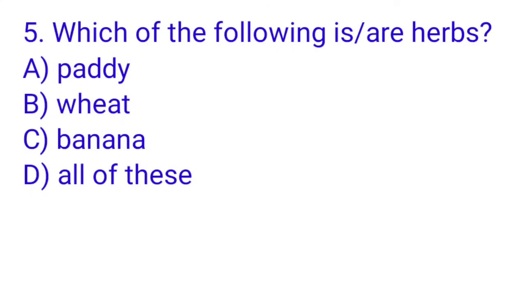Dear students, you will be surprised to know that banana is a herb, because the stem of banana does not contain woody tissues. It is made up of leaves condensed to form a stem. So hence banana is a herb. Its stem is green and delicate like other herbs.